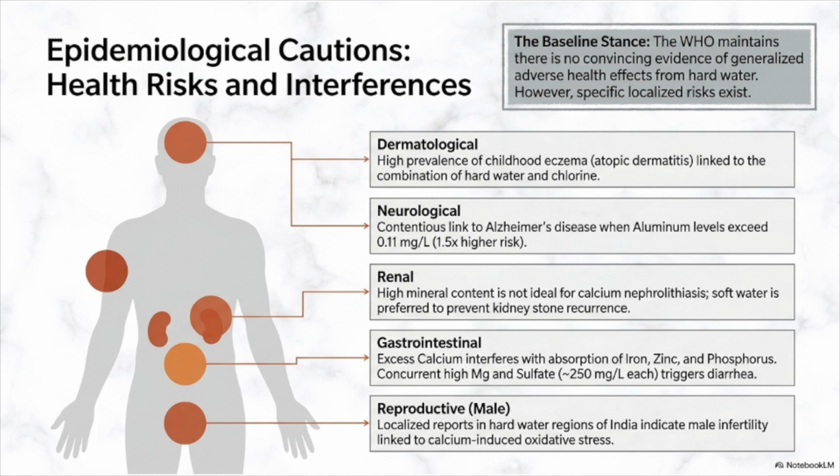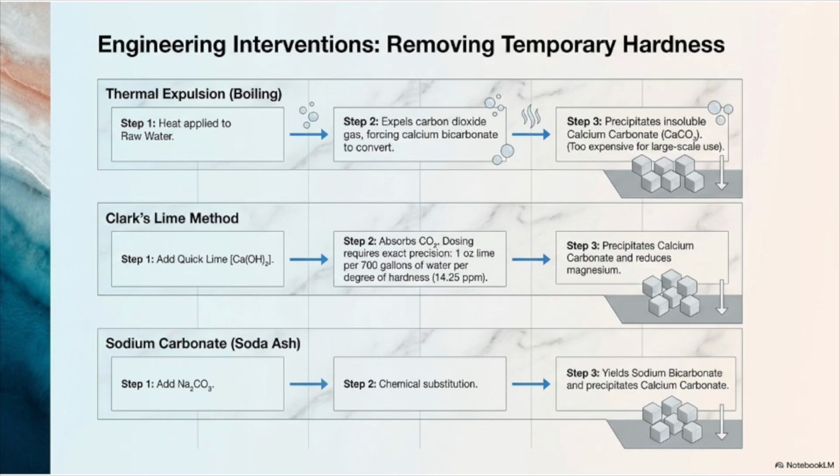And on the reproductive front for males, localized reports in hard water regions of India indicate male infertility linked to calcium-induced oxidative stress. Given these dualities, engineers have developed methods to remove temporary hardness.